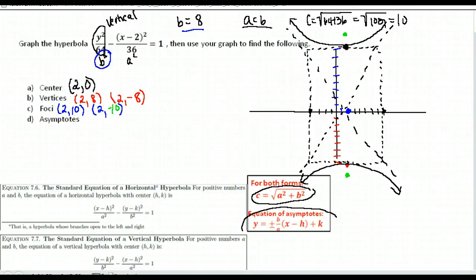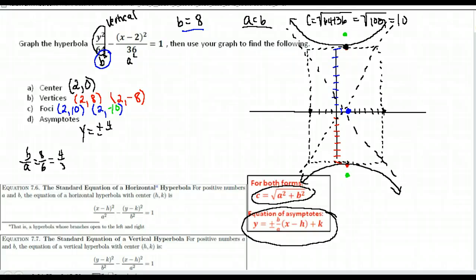Now the equation, you can use this down here. My asymptotes' equation is going to be y equals plus or minus b over a. So b over a would be what? It would be 8 over 6. I do want to reduce that as much as I possibly can. So that would give me 4/3.